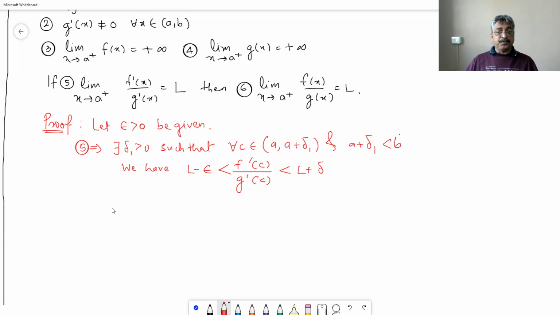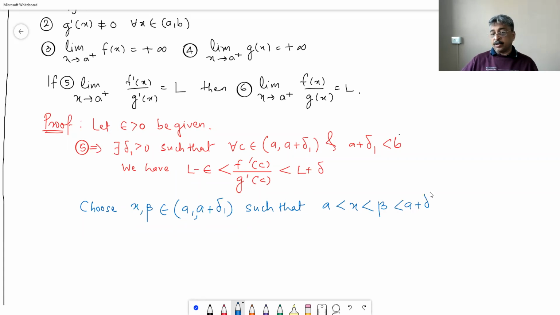So choose x comma beta belonging to a comma a plus delta 1 such that a is less than x is less than beta is less than a plus delta 1.